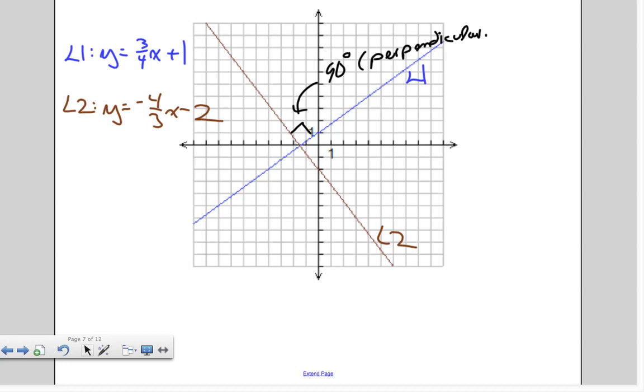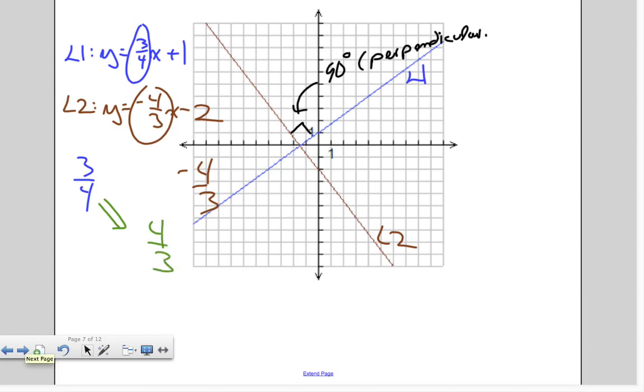The slope. Yeah, so here we have the slope is 3/4. And here, the slope is negative 4/3. So what we do to go from here is we flip it and we change the sign, right? From a positive to a negative. Everybody see that?